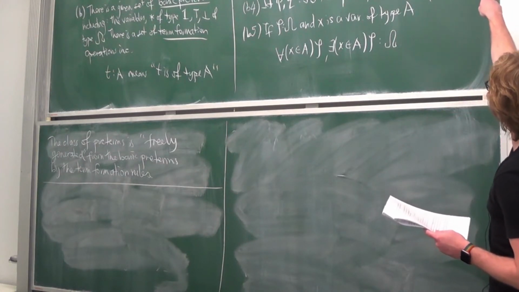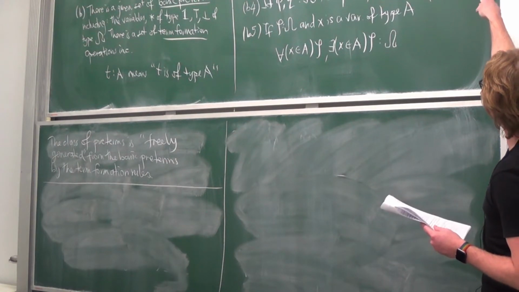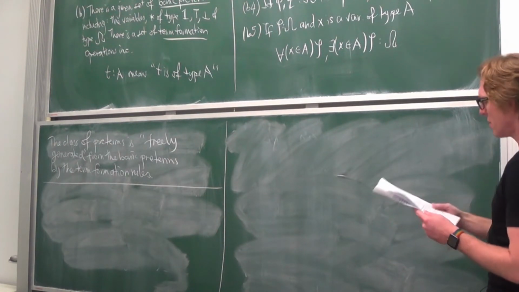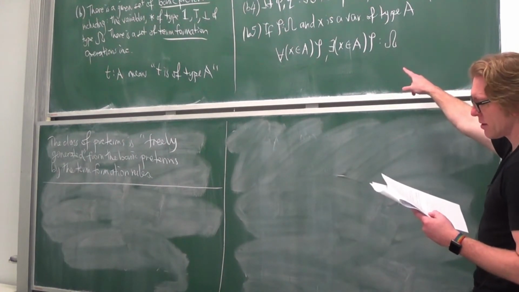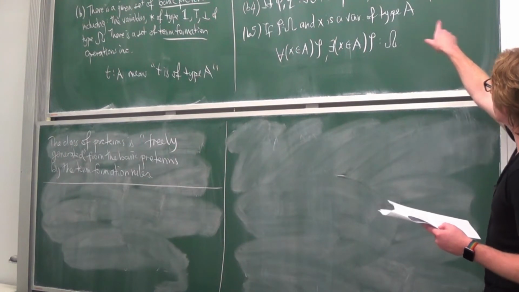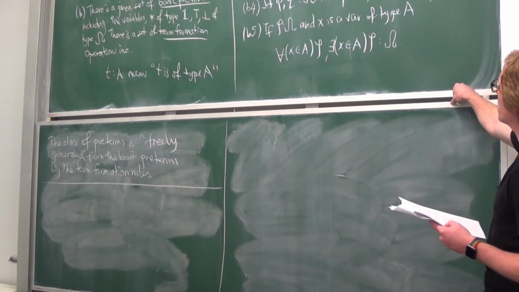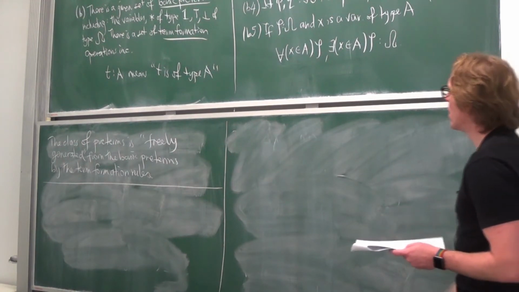The free variables of the comprehension, x in A such that phi, is the free variable set of phi minus x. And similarly for all and exists, and the free variable set of the logical formulas is the free variable set of P union the free variable set of Q. Okay.